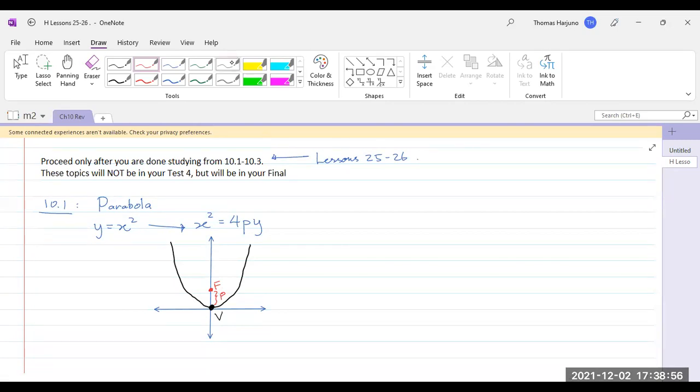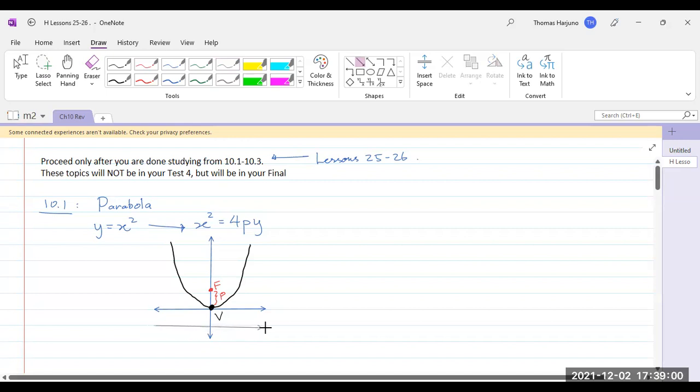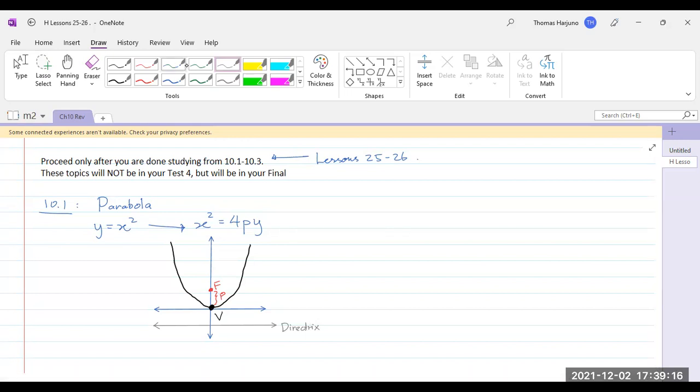And furthermore, we have the directrix. That's a line to which every point on the parabola has equal distance as from the focus.